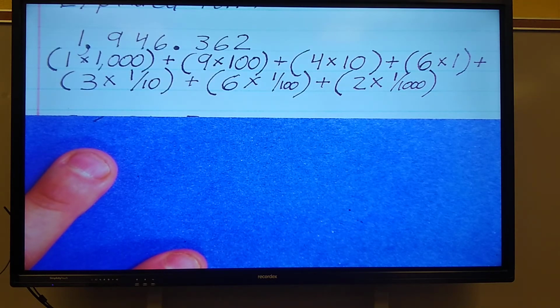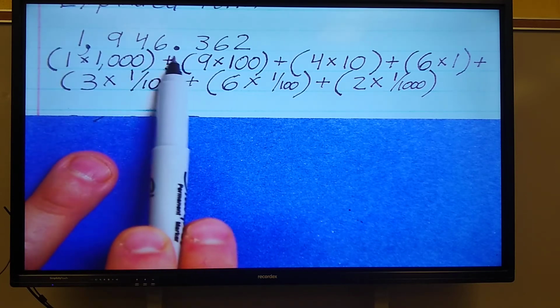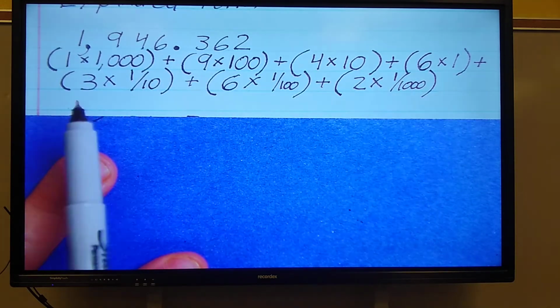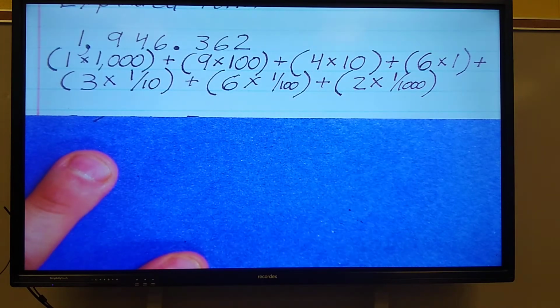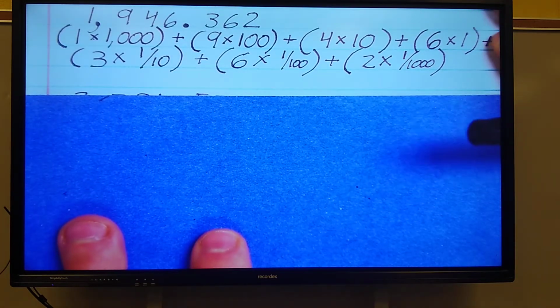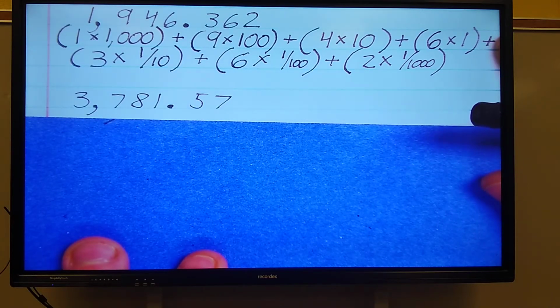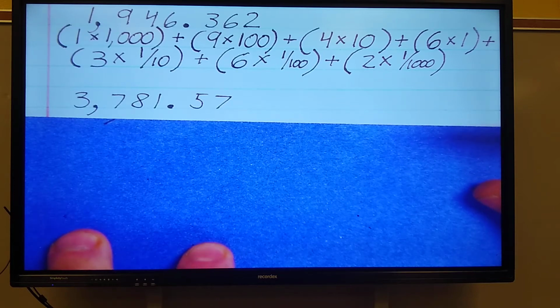Okay? Don't forget your multiply inside parentheses, and don't forget you're adding all this up as well in between the parentheses. Okay, I'm going to leave that one there for you to look at. Now, I want you to try that one on your own.